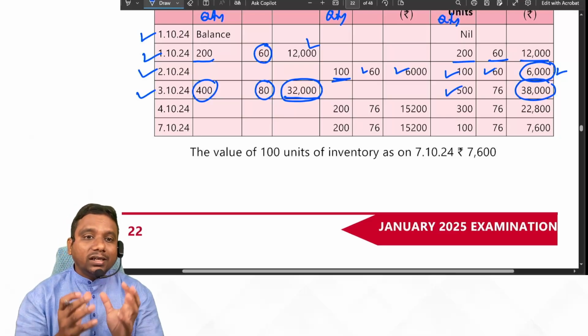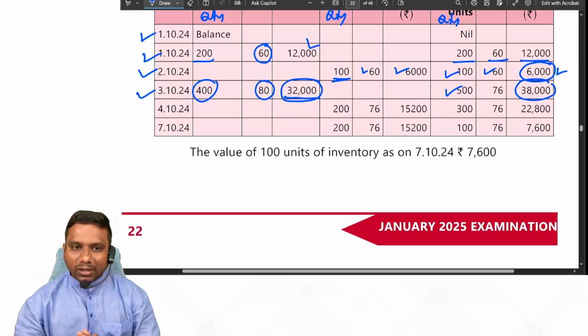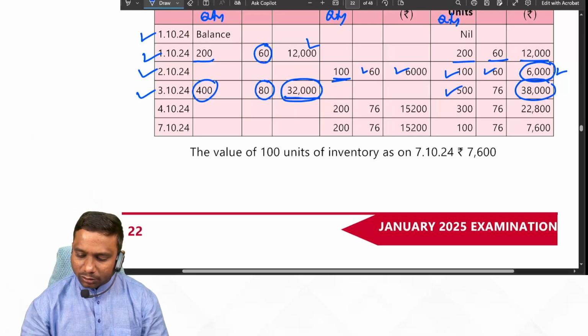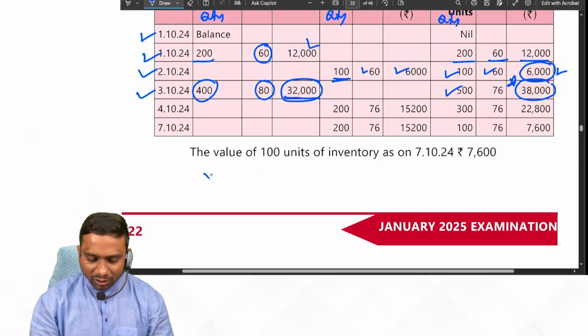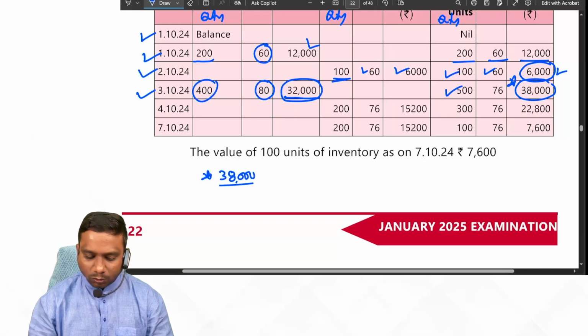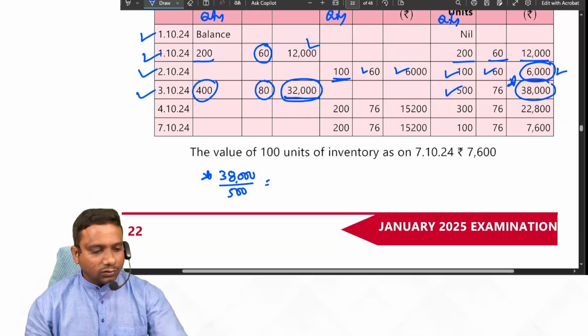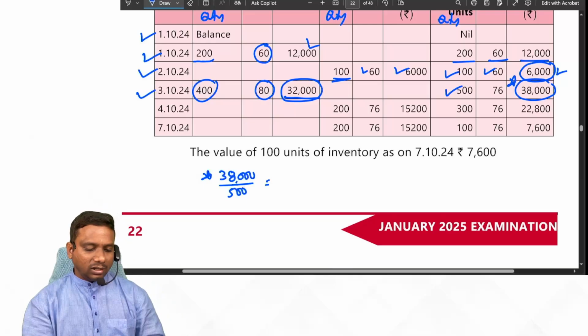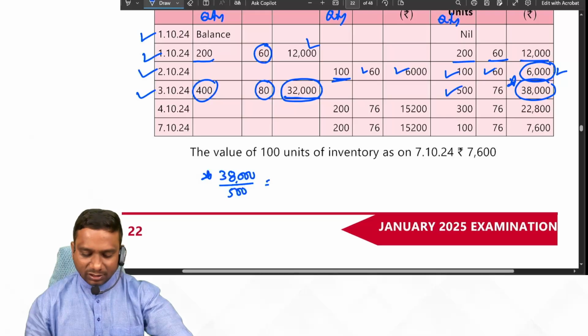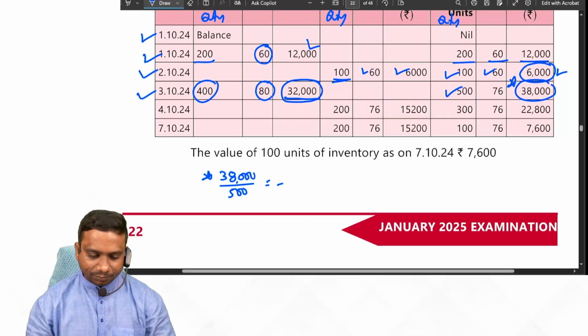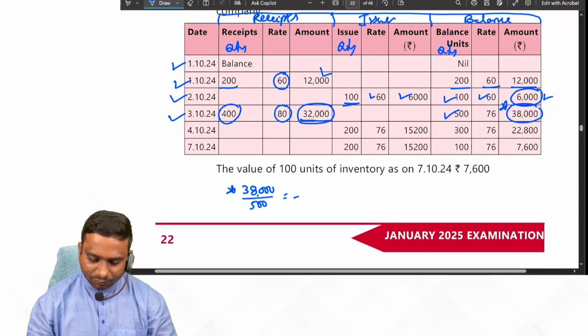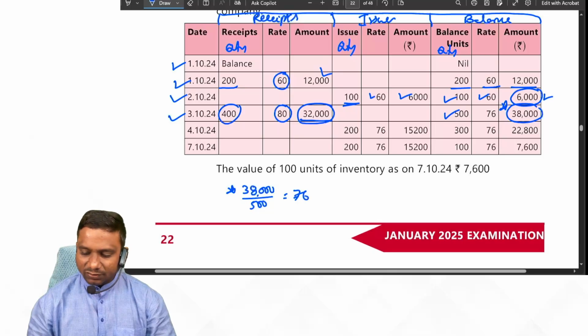Now if you want to get the weighted average price, then total amount 38,000 divided by total quantity 500. Observe, we get 76 rupees.